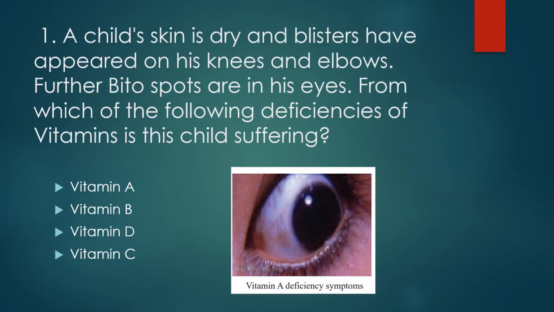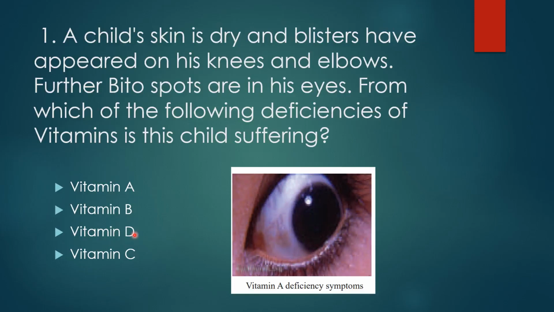The first question is about patches and blisters on knees and elbows, which are caused by the deficiency of... it's vitamin A. Vitamin B always stands for anemia. Vitamin D always stands for osteoporosis.